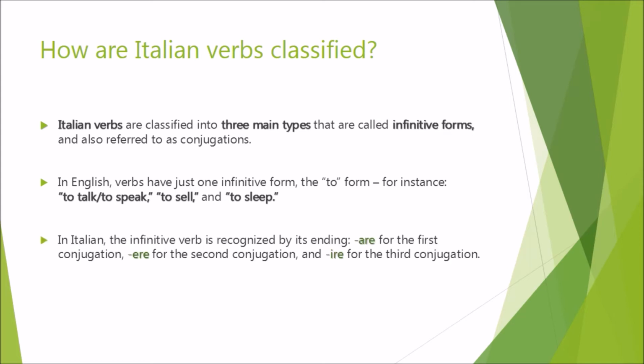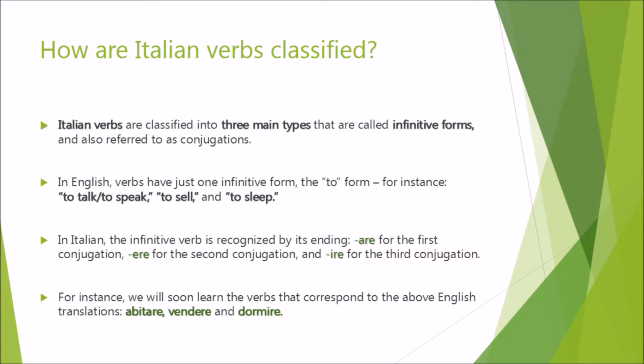In Italian, the infinitive verb is recognized by its ending: -are for the first conjugation, -ere for the second conjugation, and -ire for the third conjugation. For instance, we will soon learn the verbs that correspond to the above English translations: abitare, vendere, and dormire.